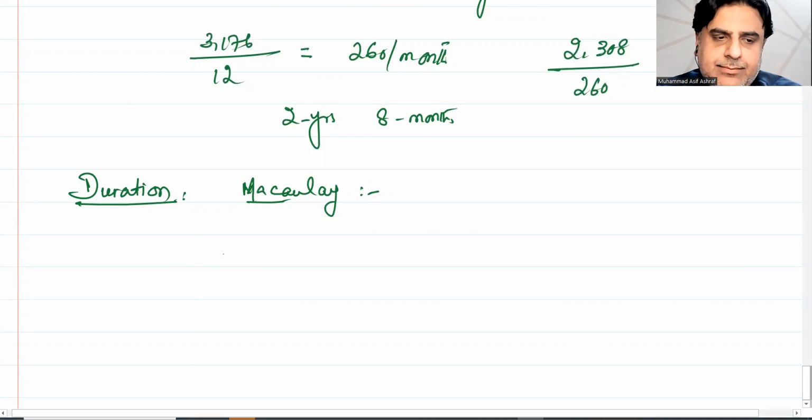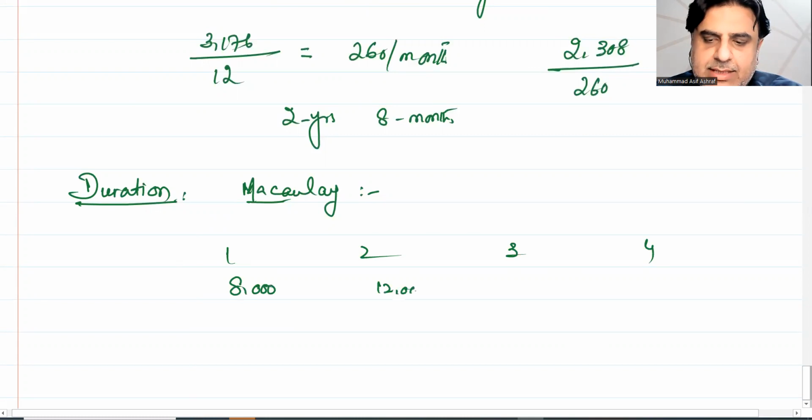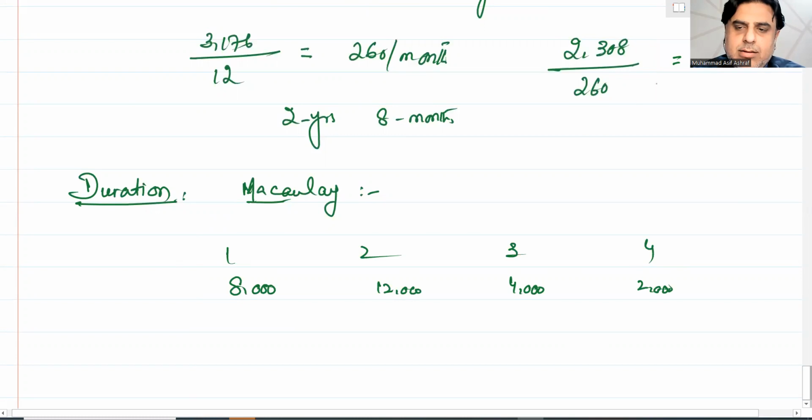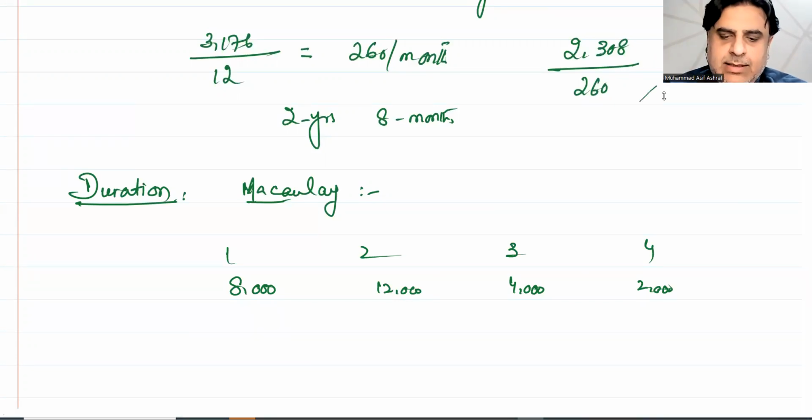Here, you have to take the cash flows for years 1, 2, 3, 4: 8,000, 12,000, 4,000 and 2,000. Now discount them at 8%.